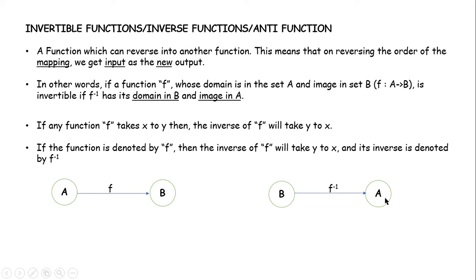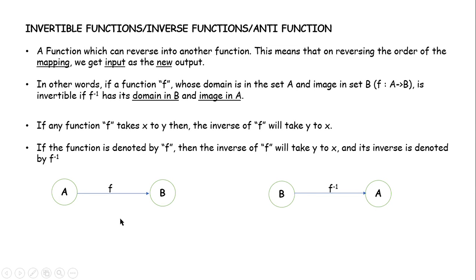I will repeat, the domain of f inverse will be the codomain of f. That is, if the codomain of f here is B, then it will become the domain of f inverse, and the domain of f will become the codomain of f inverse. That is, if A here was the domain of function f, then in case of f inverse it will become the codomain. That is, the order of mapping will be reversed.